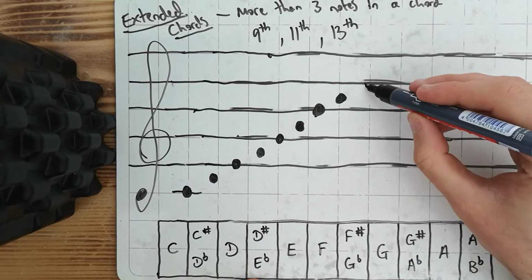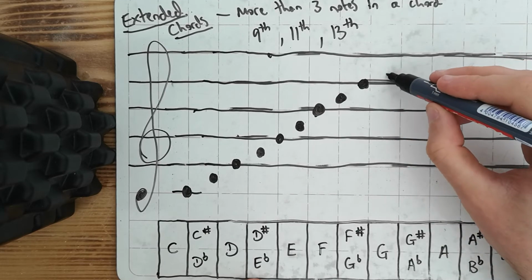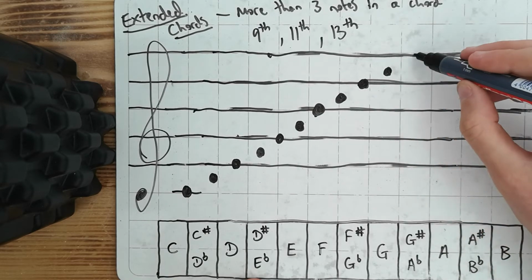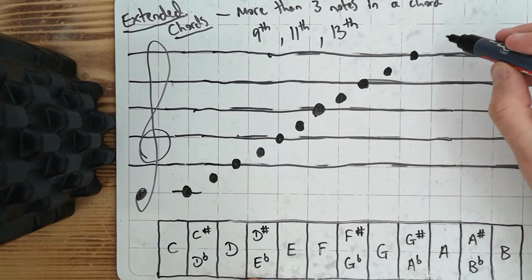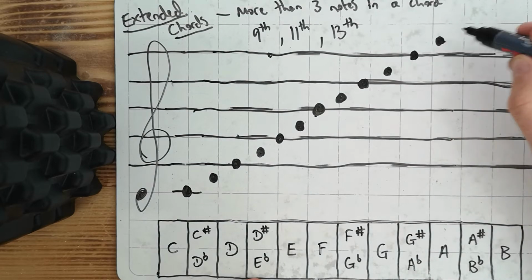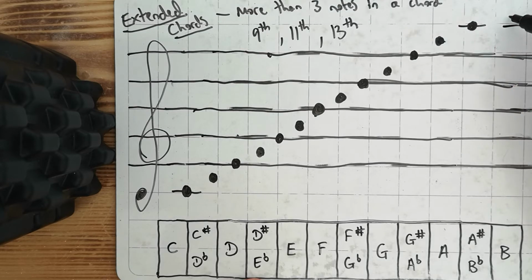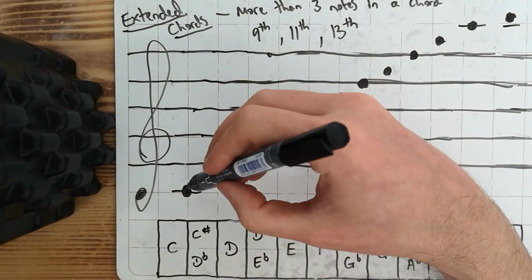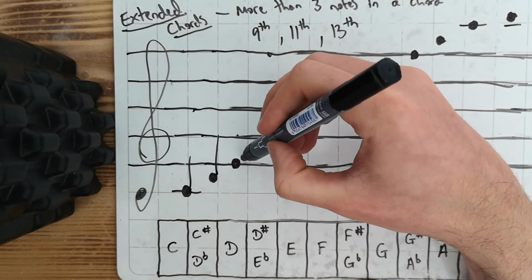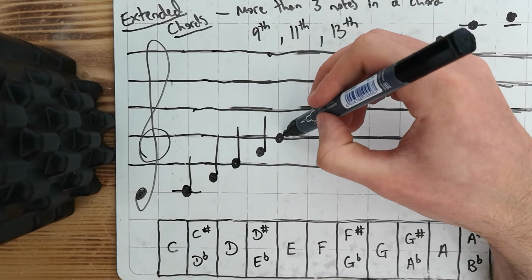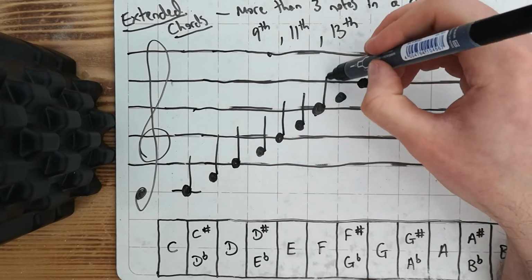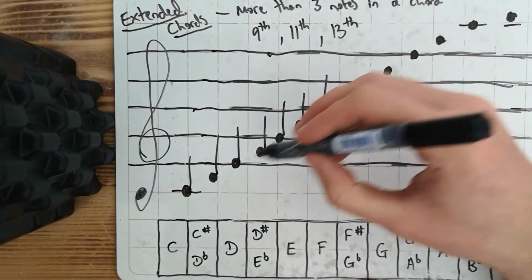And I'm going to go beyond the octave. Okay, so I've got C, D, E, F, G, A, B, C, that's my octave.